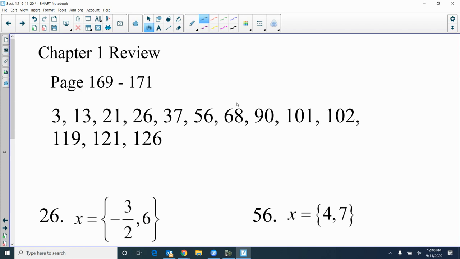For anybody, this is the chapter 1 review. This is not homework, but if anybody wants to get a head start for getting ready for the test, that's over here. Okay, we'll do some of it Monday. I'm going to give you some time in class, not the whole class period, but some to go over that. But that's the chapter 1 review. Okay, that's the homework that needs to be done.